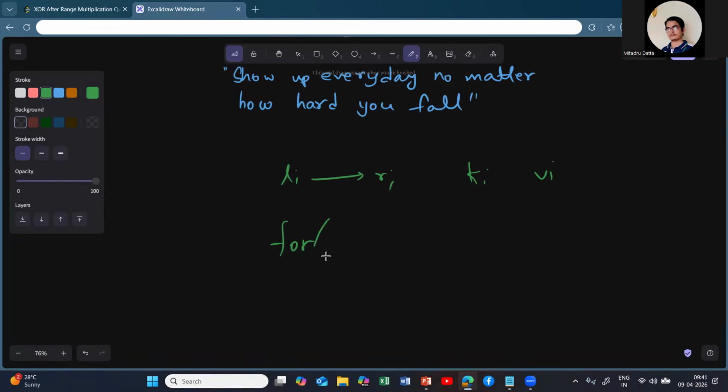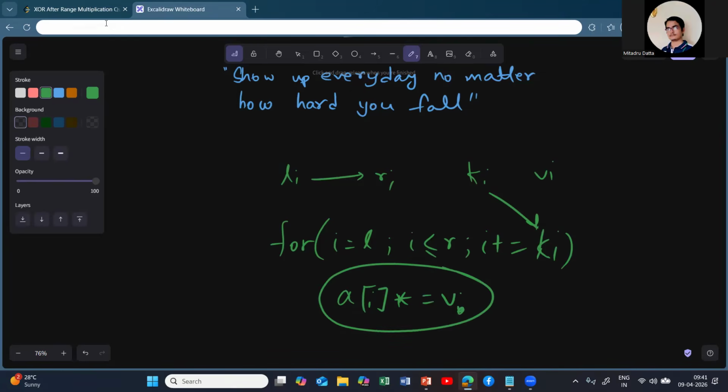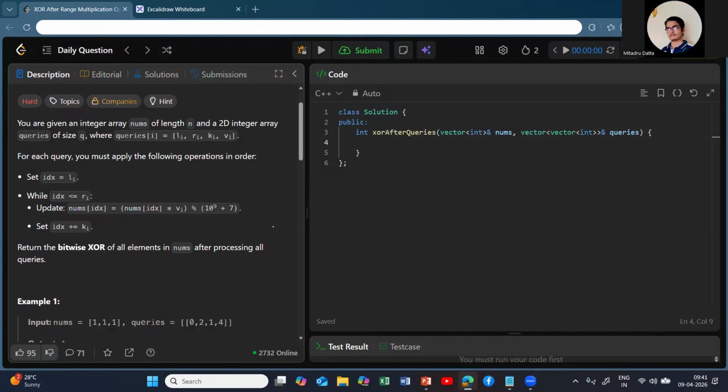So basically a for loop would look something like this: i equals l, i less than or equal to r, and i plus equals ki. Every element, let's say an element ai, you are multiplying it with vi. So that is exactly what you need to do, and you need to process every query.